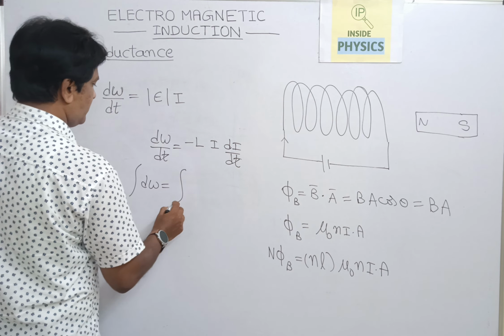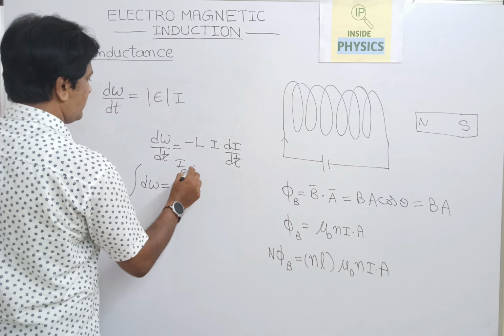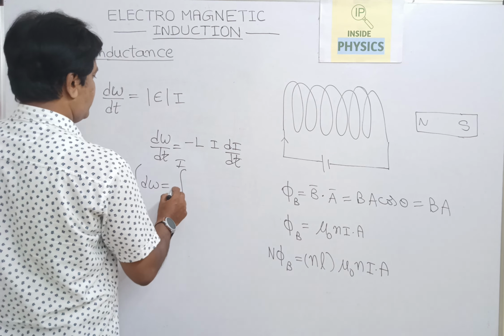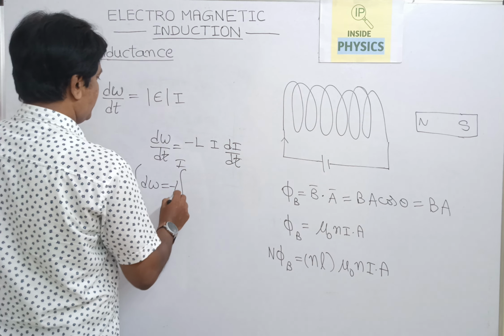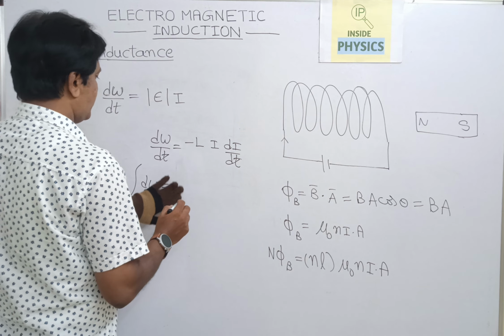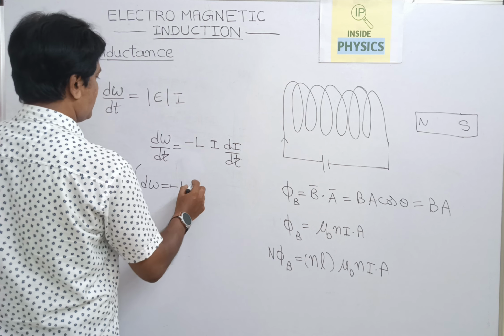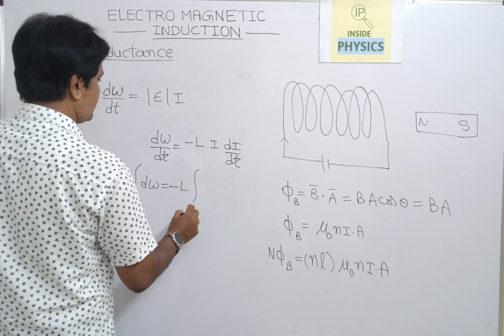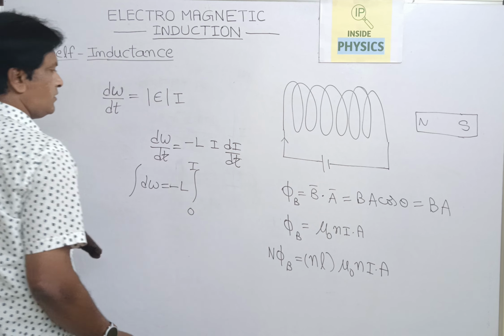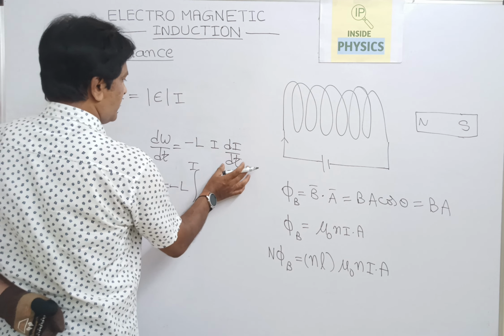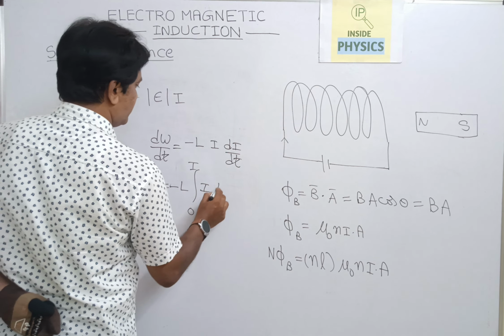We need to integrate with limits 0 to I. Here minus L is a constant for a material, the coefficient of self induction, constant. 0 to I, this is nothing but I di.